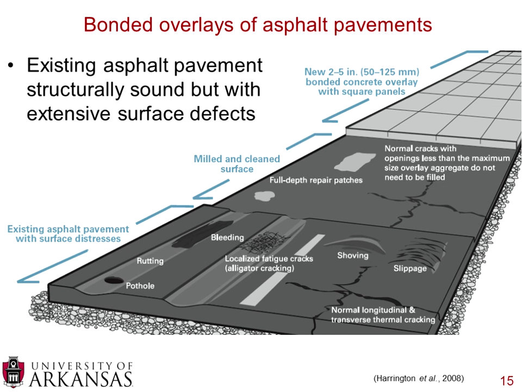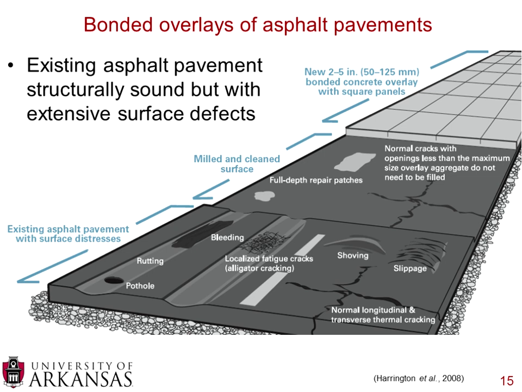The next surface you have is these bonded overlays of asphalt pavements. And again, these asphalt pavements are structurally sound, but you have extensive surface defects. Taking a look at the very first panel here, you have your existing asphalt pavement with many surface distresses. You have rutting in the surface layer. You can see that rutting stops in the asphalt layer.